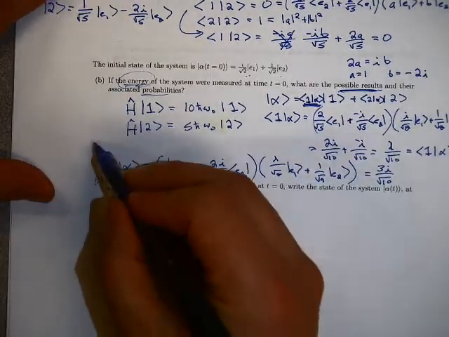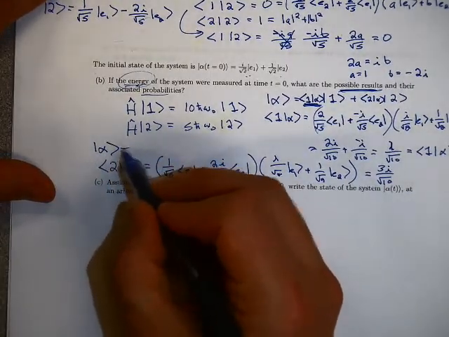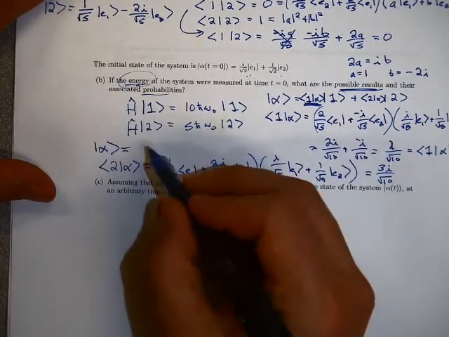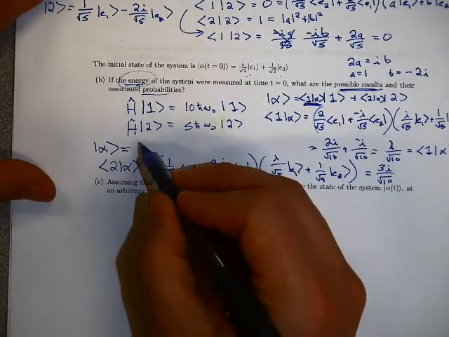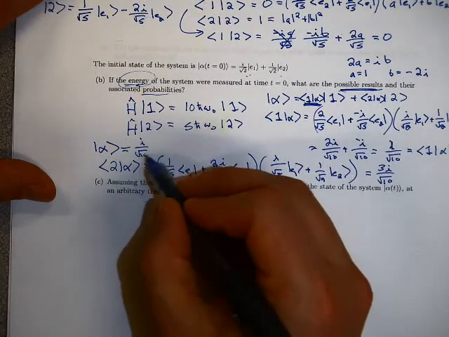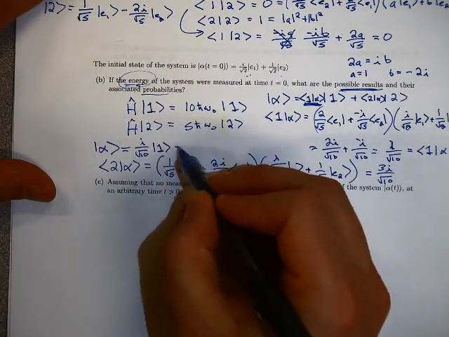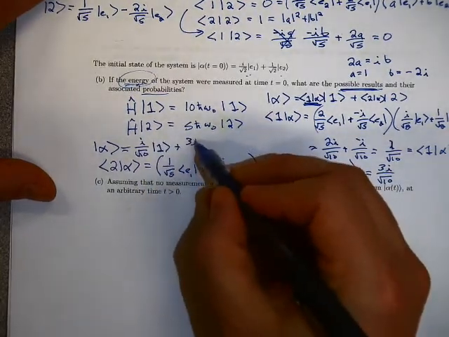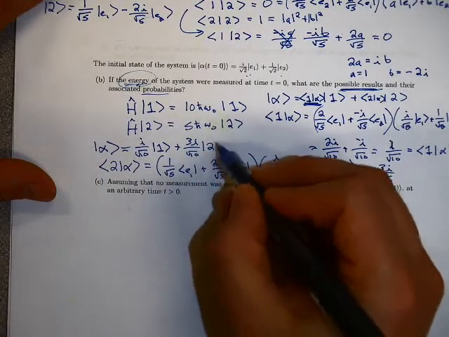So in the end our state alpha is equal to i over root 10 times 1 plus 3i over root 10 times 2.